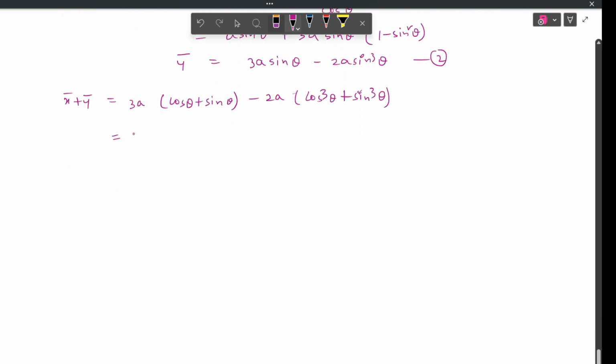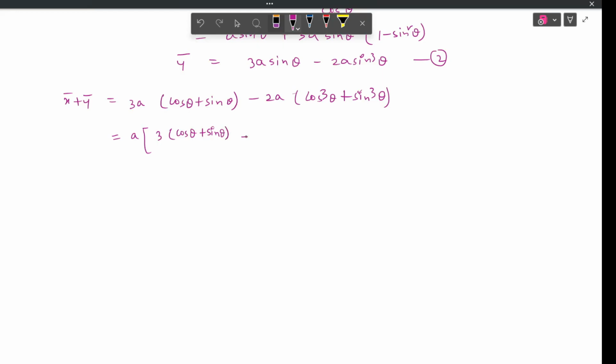Now this is a into 3 cos theta plus sin theta minus twice, we have taken a common, you have to apply a cube plus b cube formula, that is a plus b whole cube minus 3ab into a plus b.